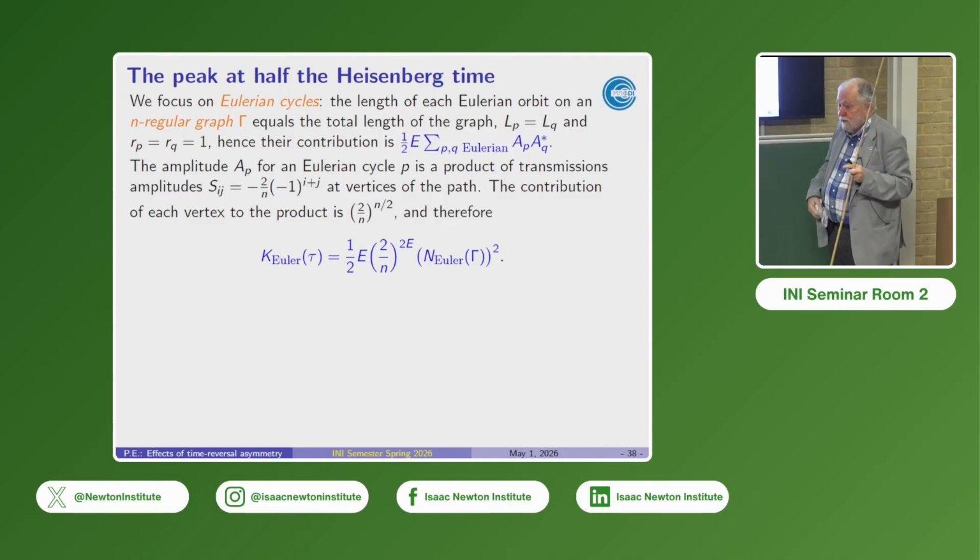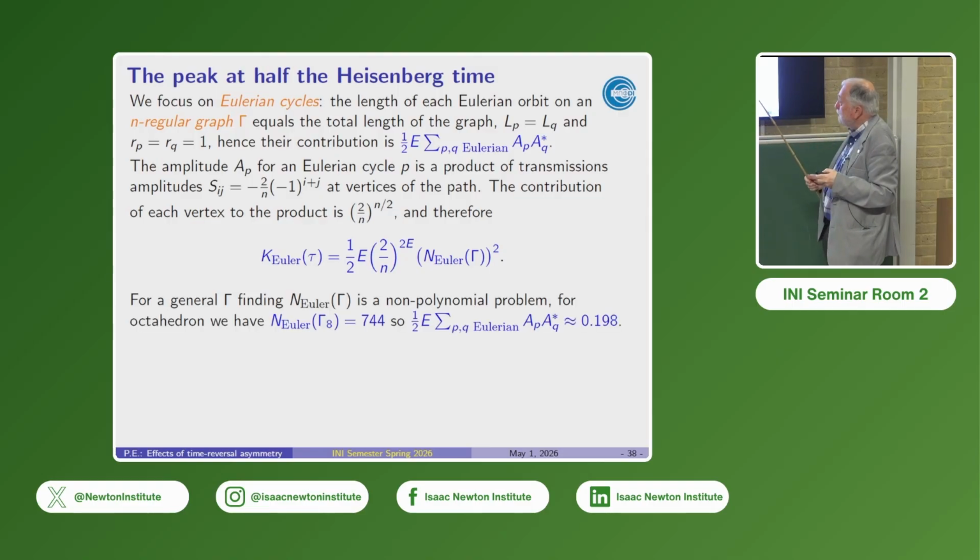And that's a rather demanding thing, because it's a complicated combinatorial problem and non-polynomial. So we had to invent two ways to compute this number. But if you do that, you will find that for our octahedron, there are 744 Eulerian paths.